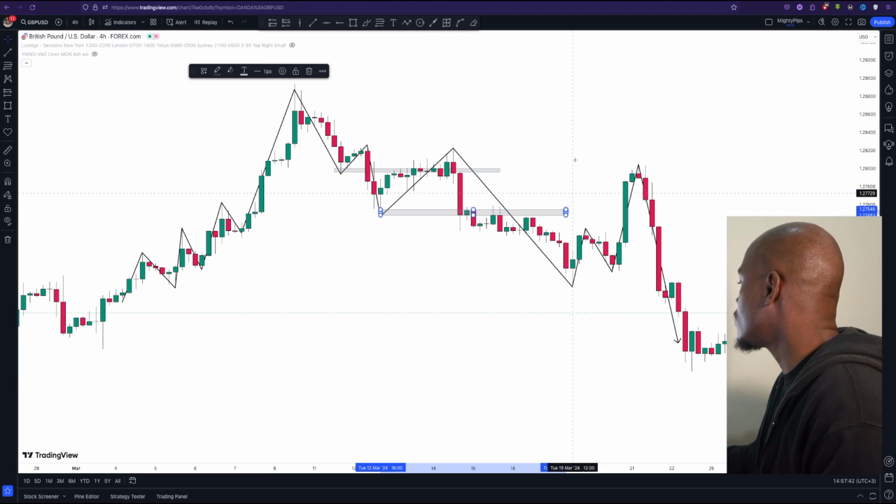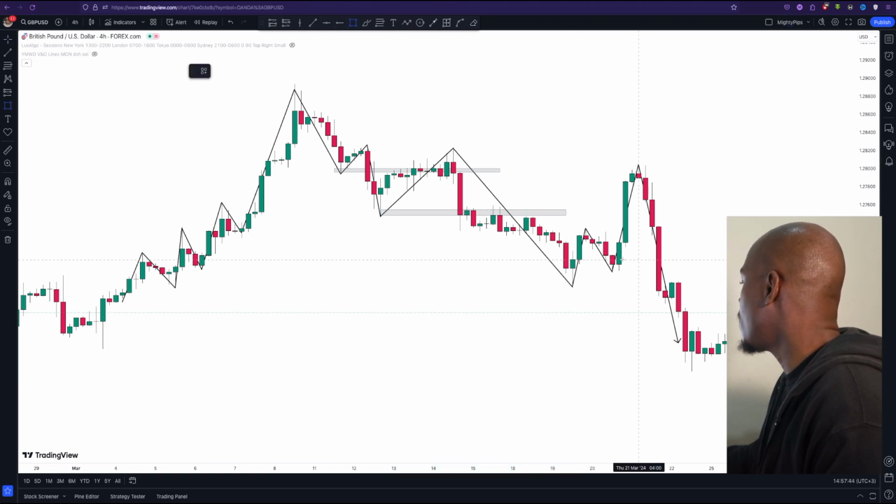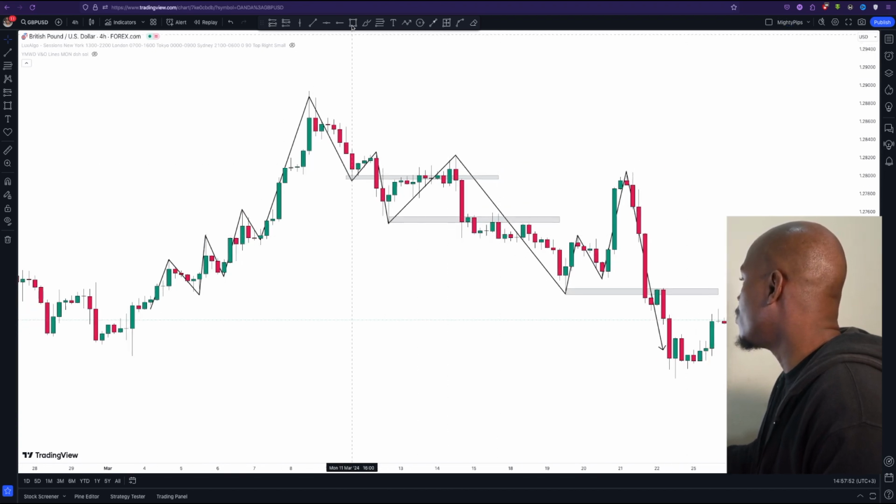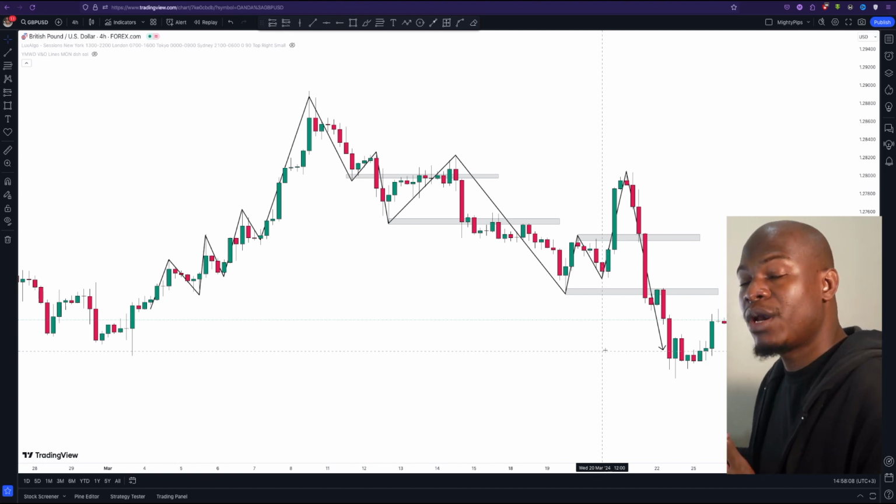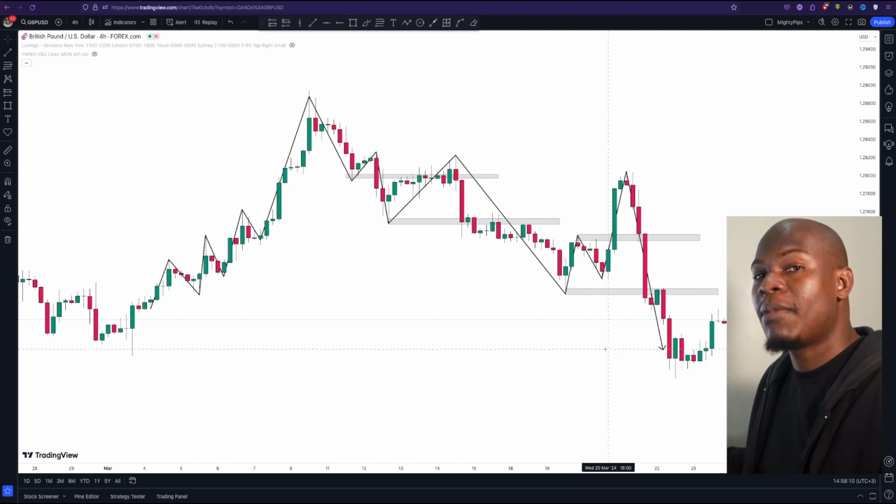I just want to mark out this area so that when we come back and do our analysis, and I explain how you can avoid false breakouts, you'll be able to know how you can avoid those breakouts. I know that when you learn this, it's going to change the way you see the market, and hopefully you will be able to understand how the market works.